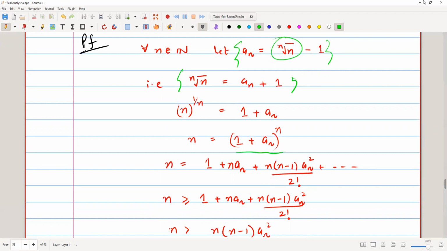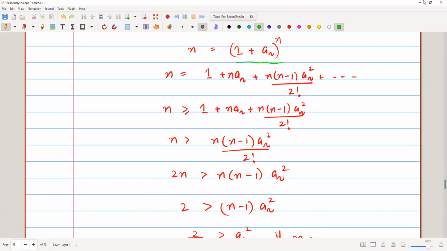We apply the binomial theorem and we take some terms. So here are the terms of the binomial theorem, and if we neglect some of the terms, because n equals this whole stuff, but if we neglect a few of the terms here, then eventually this is going to be greater than this.